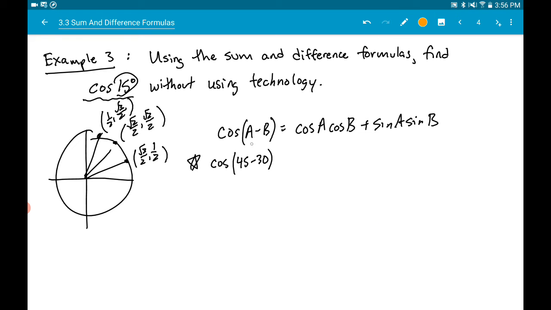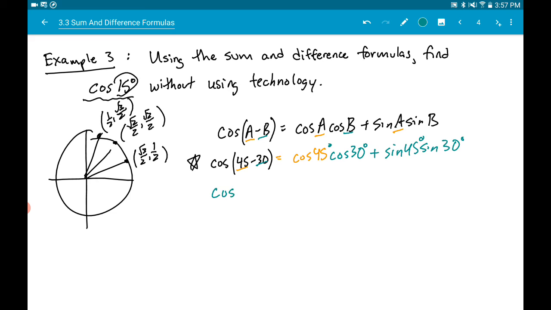So if you think of A as 45, then we've got cosine of 45, and if you think of B as 30, and we start using this formula but filling in these values, the nice thing about this is these are all values on the unit circle.